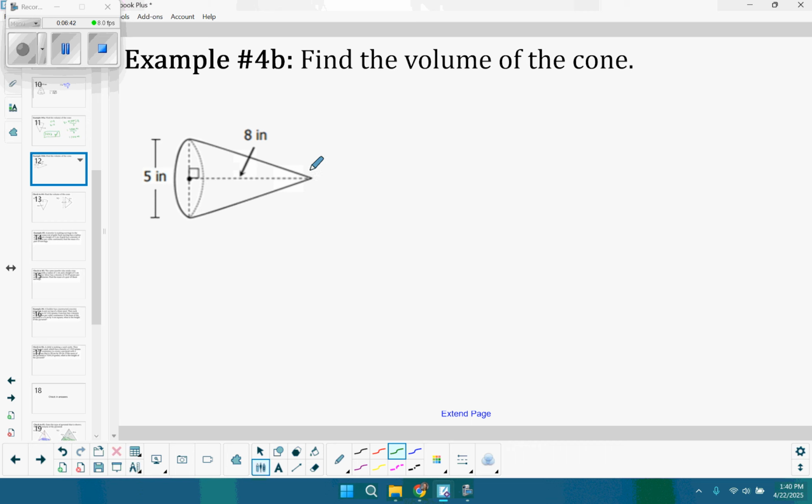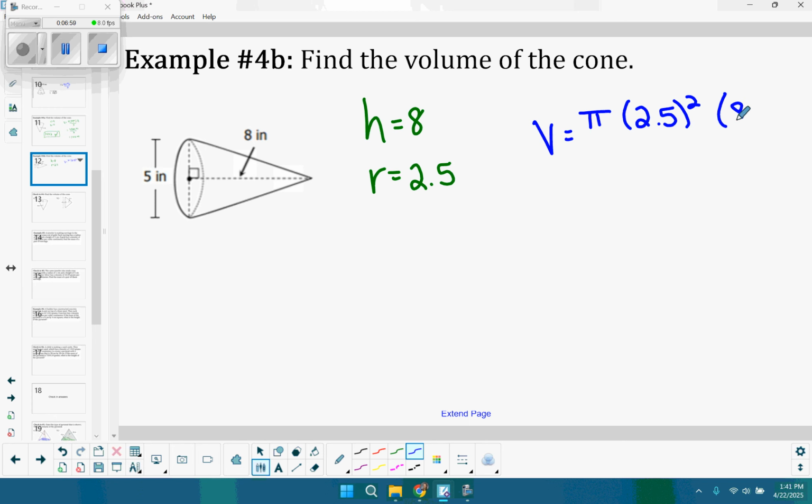Example 4b, I'm not given the radius this time, and my height is going sideways. So my height is 8, and my diameter was 5, meaning my radius is only 2.5. So we're going to have pi times 2.5 squared times 8 all over 3.